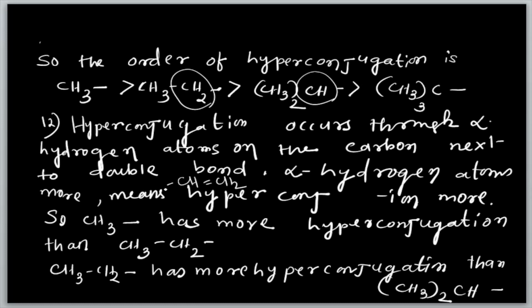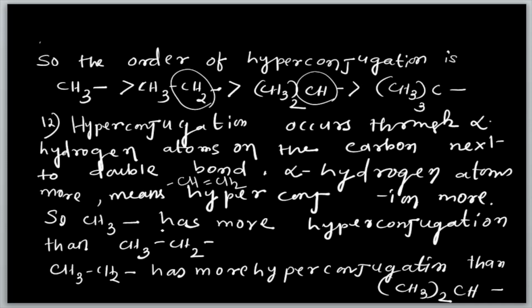In the alkyl group, you observe the number of alpha hydrogen atoms in that particular alkyl group. Again I want to say the methyl group has the most, that is 3, the ethyl group 2, isopropyl 1, and trimethyl, that is tertiary, has no alpha hydrogen.